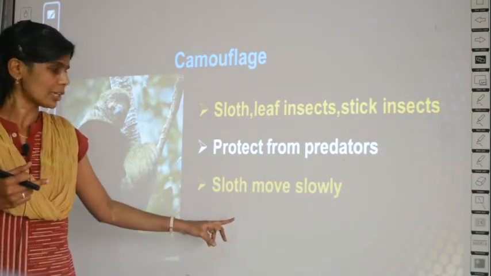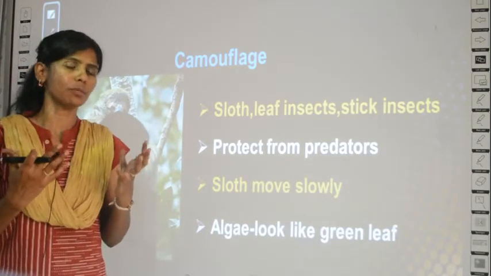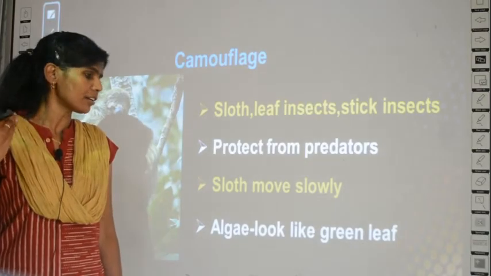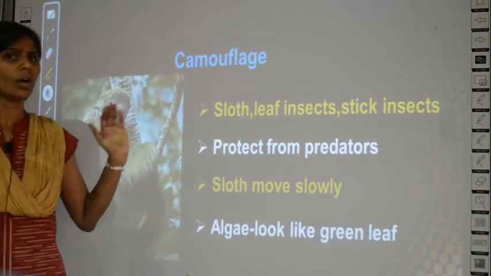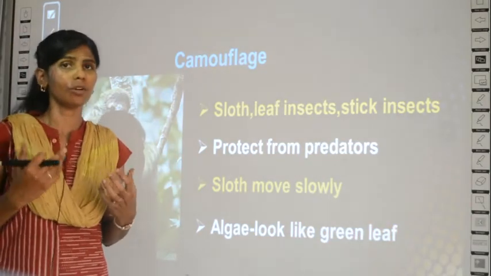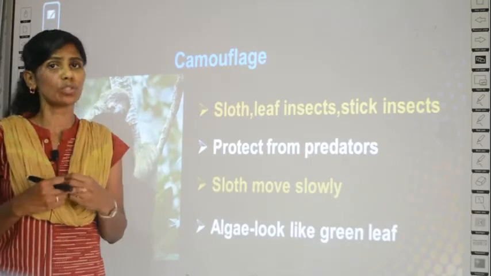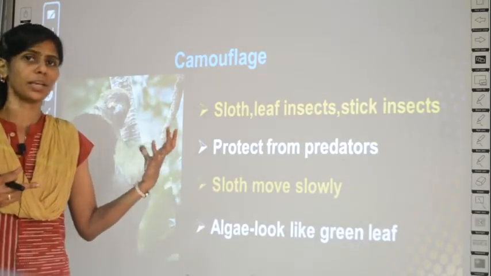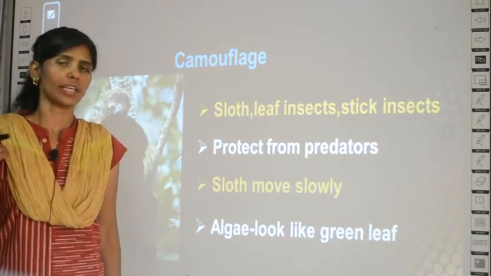Sloth moves very slowly, almost it doesn't move, so algae begin to grow on its fur or hair. So see, there is algal growth. In the compound walls of your house you can see green algal growth whenever there is so much rain. Similarly, because it is a rainy forest, and if it is actively moving, algal growth cannot happen.